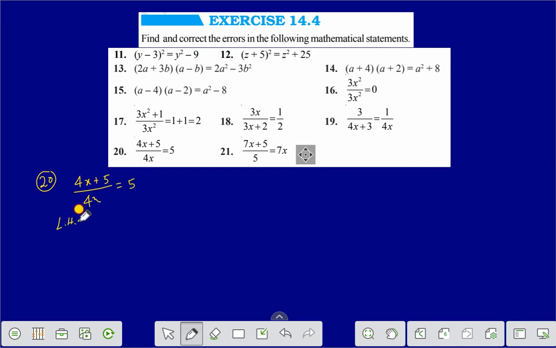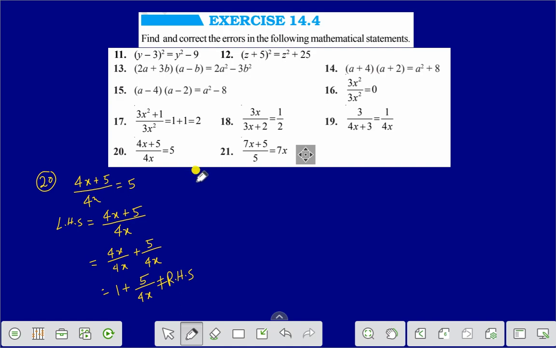If you find the left hand side, then you are getting 4x plus 5 divided by 4x, or it can be written as 4x by 4x plus 5 by 4x, or it can be written as 1 plus 5 by 4x, which is not equal to the right hand side, because the right hand side answer is given as 5.